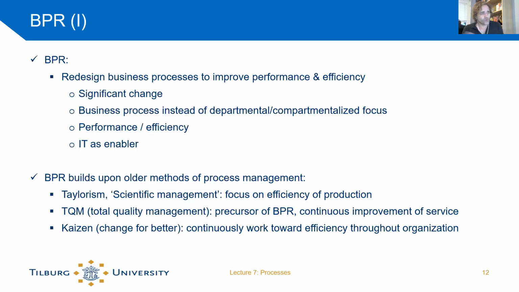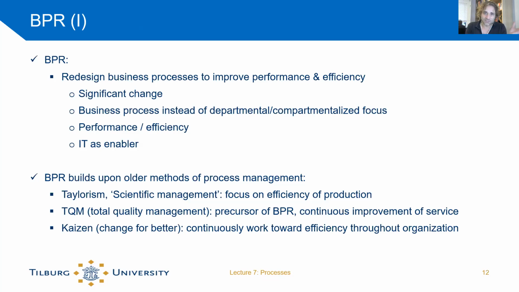Then after the Second World War, with the economic boom in the 50s and 60s, we started thinking about, okay, how can we optimize our service? How can we optimize our processes? Then we got things like total quality management and Kaizen from Japan.